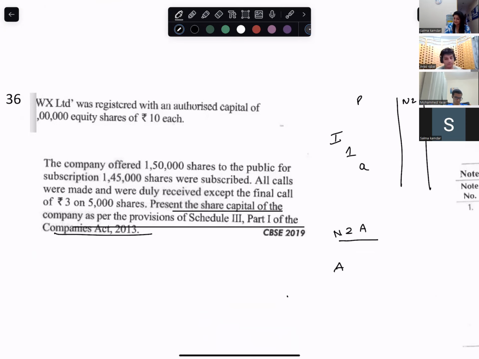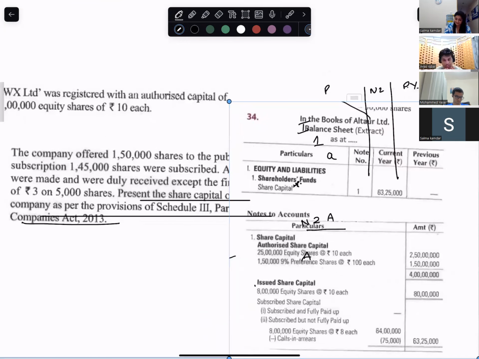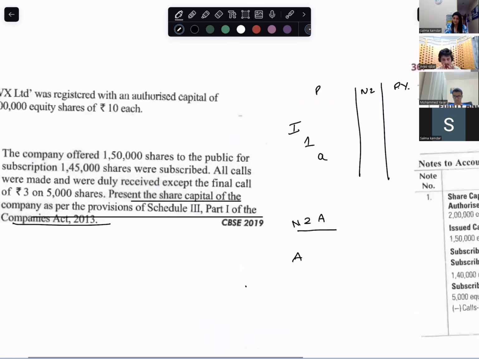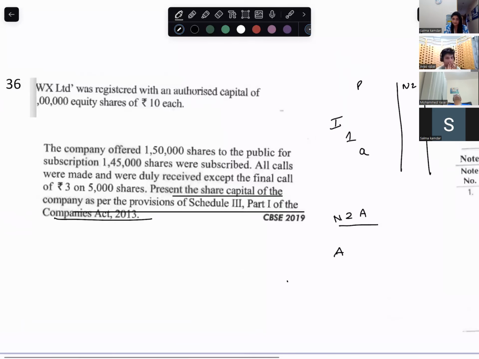Under share capital, we write authorized capital, then issued capital, then subscribed capital. In subscribed capital, what will you write? Fully paid up and not fully paid up.